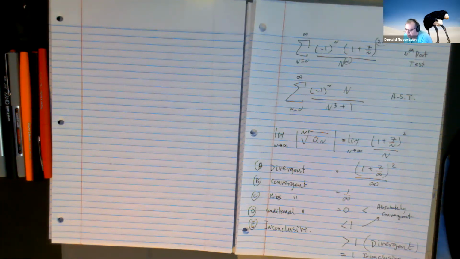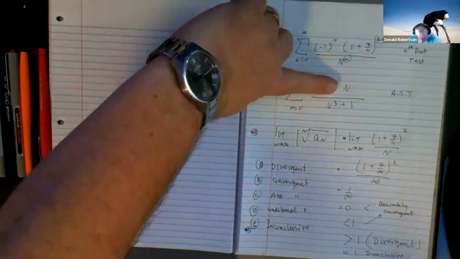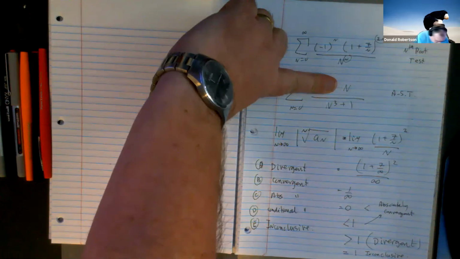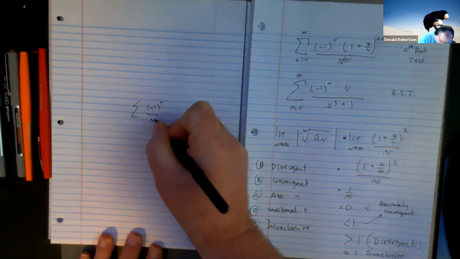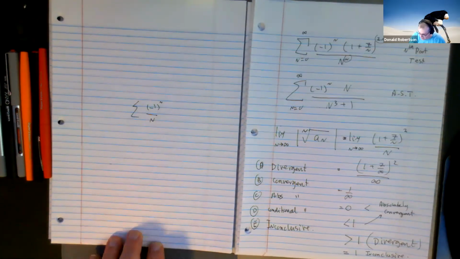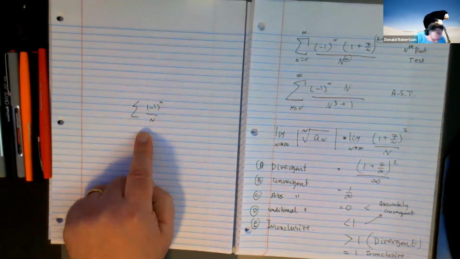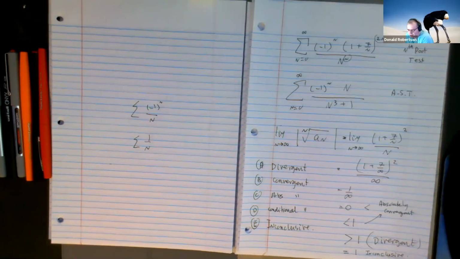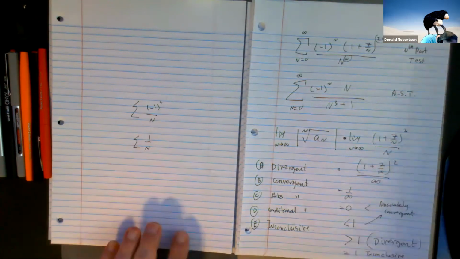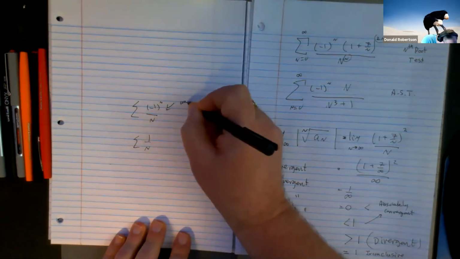Now, a conditionally convergent series is one where the untouched series converges, but when you make everybody positive, it diverges. A good example would be that one. That is an alternating series and it does converge. If you make everybody positive, it now diverges. So the original series is called conditionally convergent.